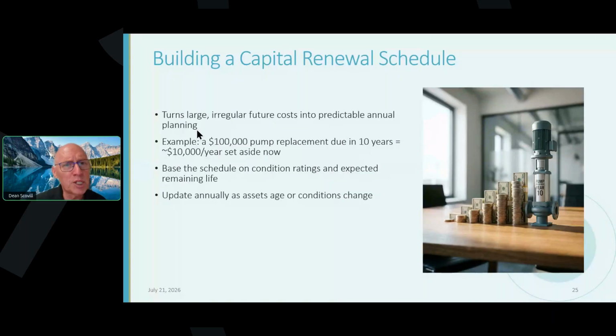Base the schedule on condition rating and expected remaining life. As I was just saying, I got a little more use out of it, but I budgeted. I got my budget. That's great. So just before there are telltale signs of this pump failing, but it's still running, I'm going to be proactive and replace it two months from now.